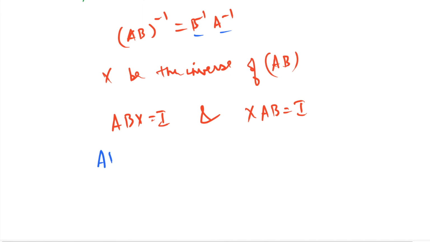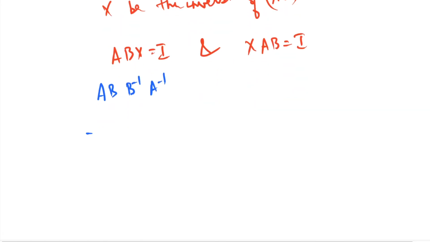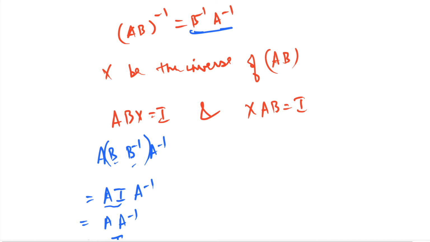Okay, let's substitute this. So AB times B inverse A inverse will be equal to, and now remember that matrix multiplication is associative, so I can combine the B and B inverse terms here. This gives me A into the identity matrix into A inverse, and this further simplifies into A A inverse, and this simplifies to I. So clearly ABX is equal to I when X is B inverse A inverse.